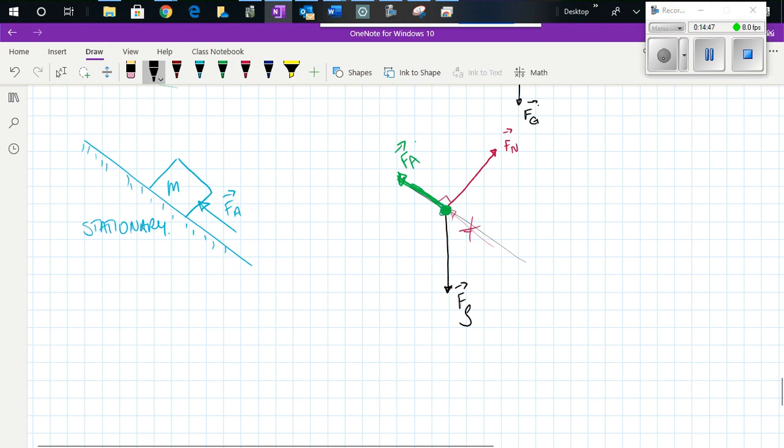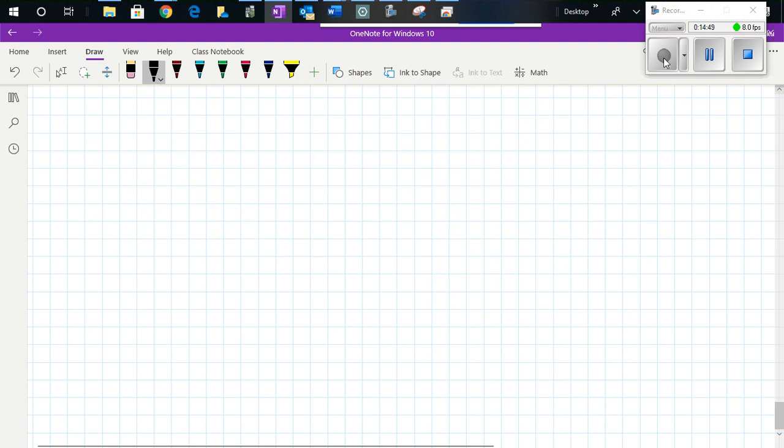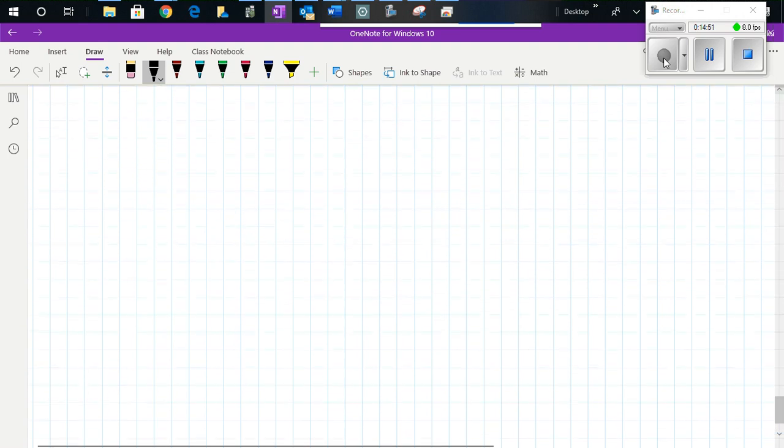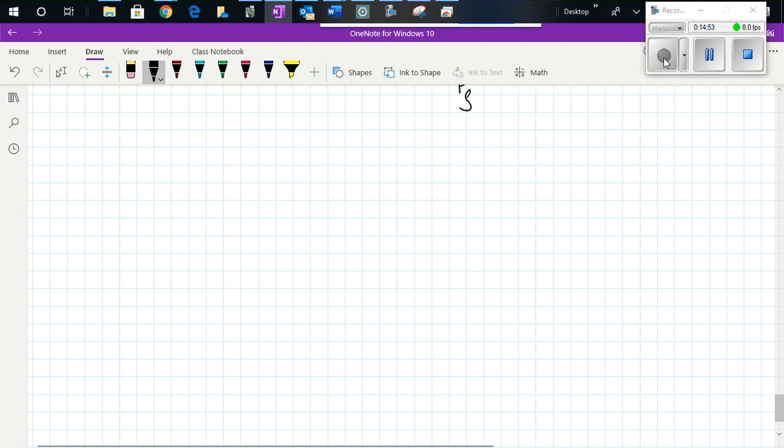But if we take the incline and now we add that the object is moving and is experiencing a friction. So we have an object that is on the incline and it has a mass m.